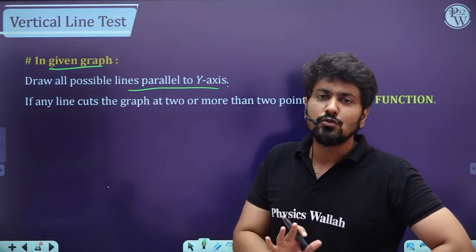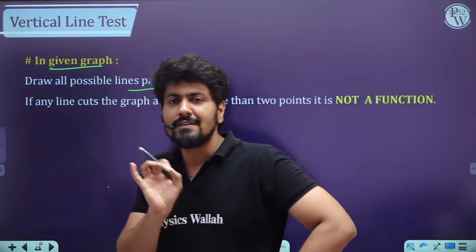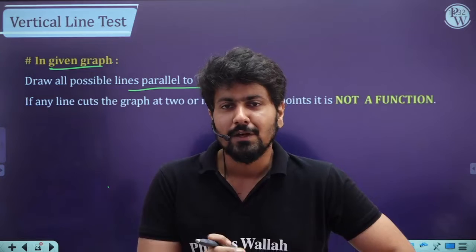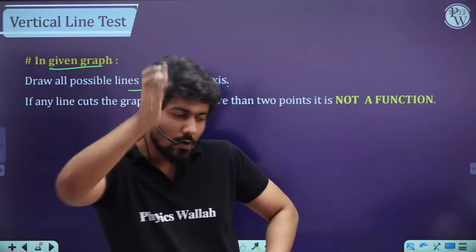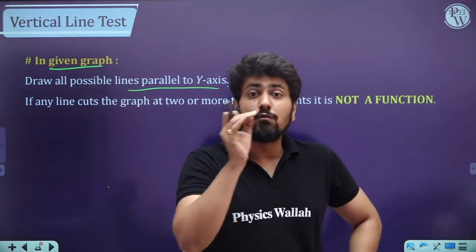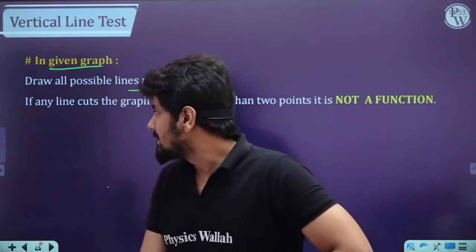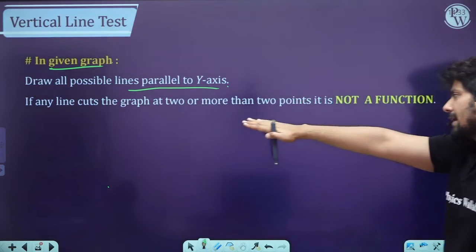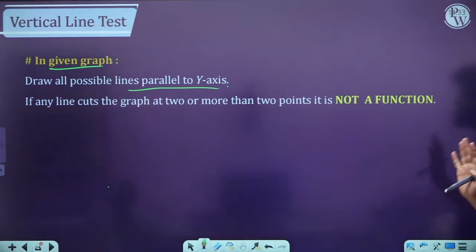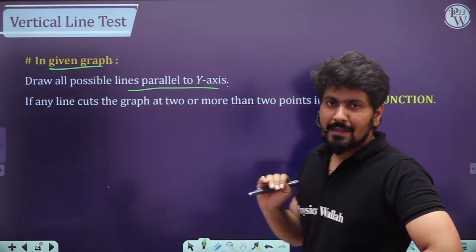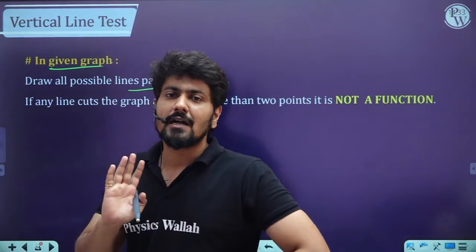This test is used to check whether the given graph is a graph of a function or not. So what do we do over here? We draw all the vertical lines. If any line cuts the graph at 2 or more than 2 points, it is not a function. Every vertical line should be cutting the graph at only 1 point.